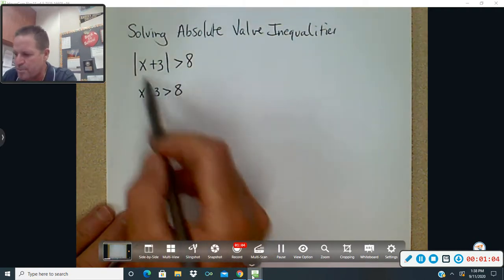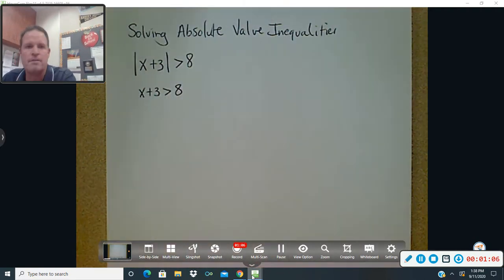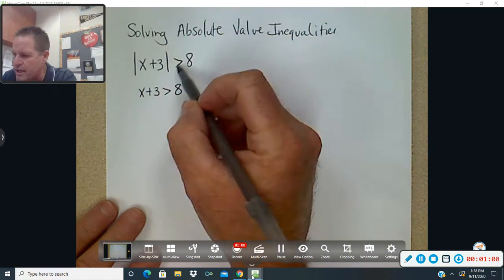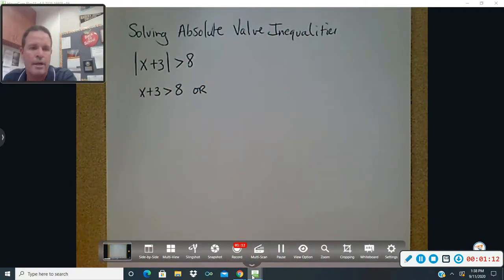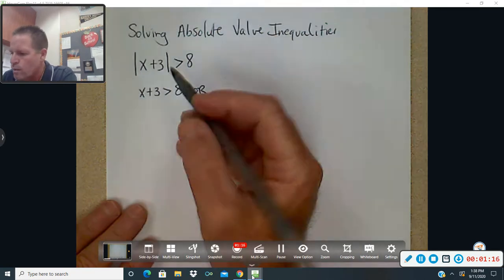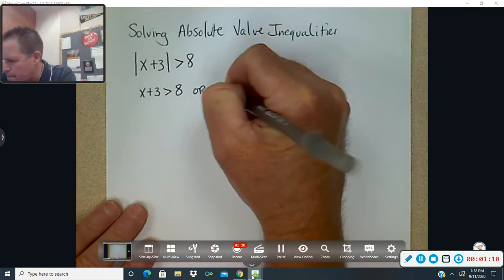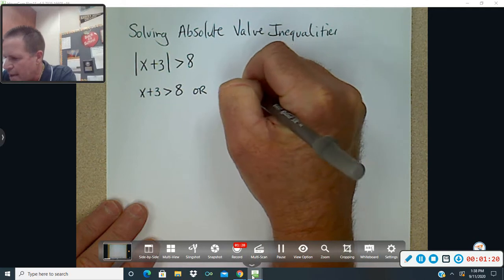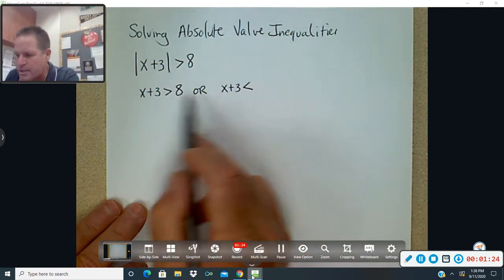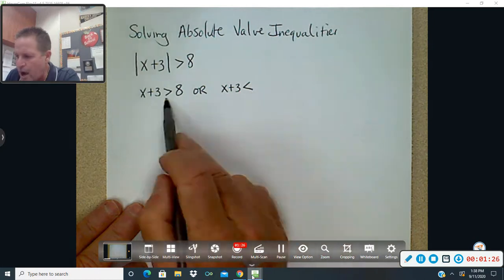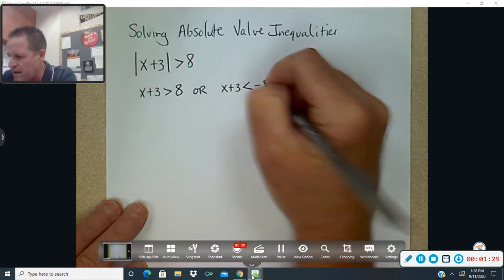Notice, again, I just dropped the bars, but everything else is the same. Now again, because it is a greater than, this is an or. Remember, for or inequalities, you have to write the or. Or what? Well, now you take the same x plus 3 and make it go the opposite, because remember what I told you about ors. Ors are opposite. So make the symbol go the opposite way with negative 8.